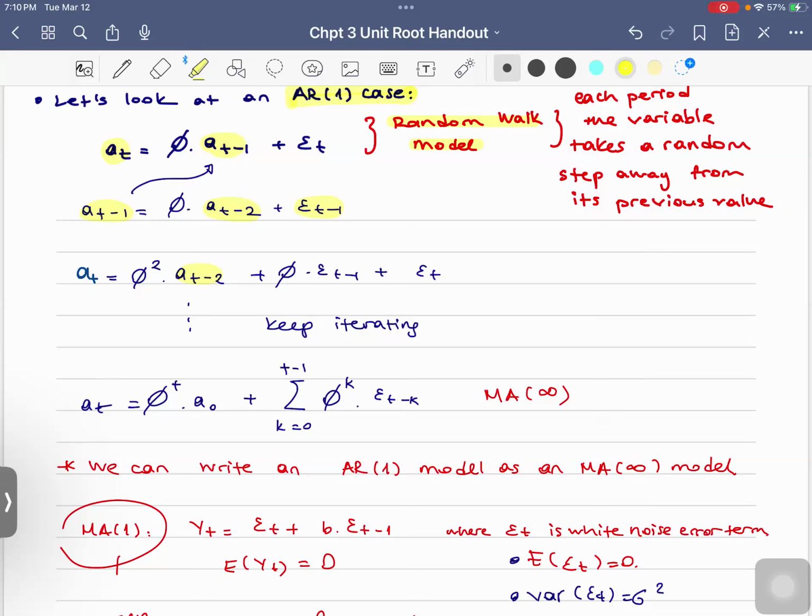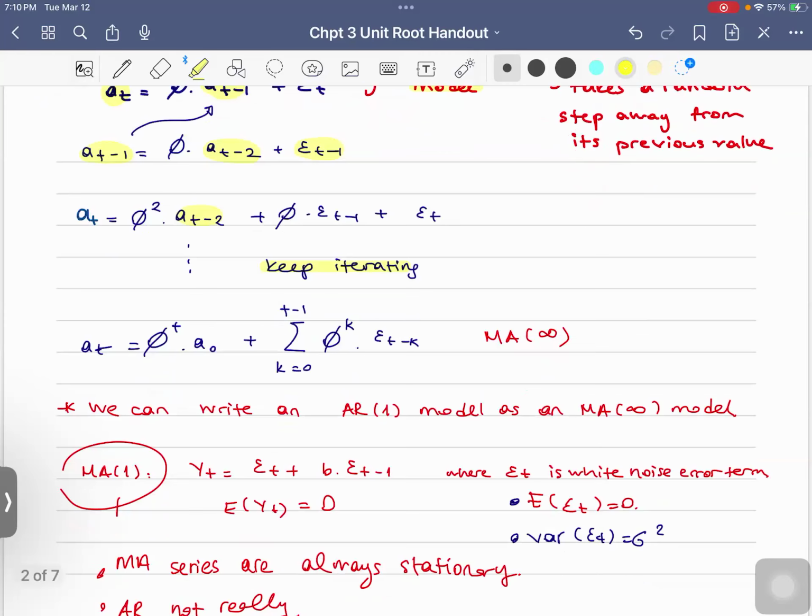Basically, I just plugged the second equation into the first one. And then if you keep iterating this, you get this functional form, which says we can write our process A_t as a function of the first value it gets, that's A_0, and the sum of the error terms together with phi to the power k as the terms that are multiplying them.